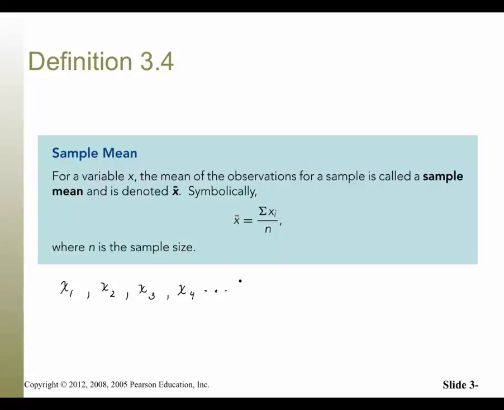These are data values. This is just some nomenclature here. This symbol means sum. Okay, n is the sample size, and x bar is the sample mean.